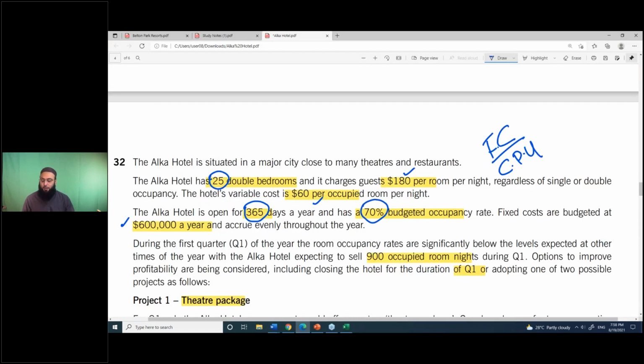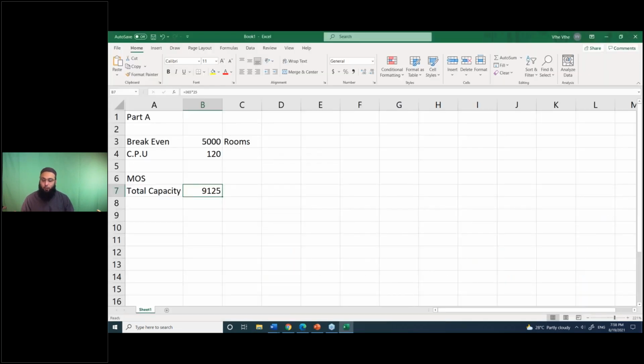If 70% is the occupancy rate, I will definitely be working out the final available capacity, what they plan to achieve. So the expected capacity consumption is 70% of this total. So 0.7 I'll multiply, and I can work out this.